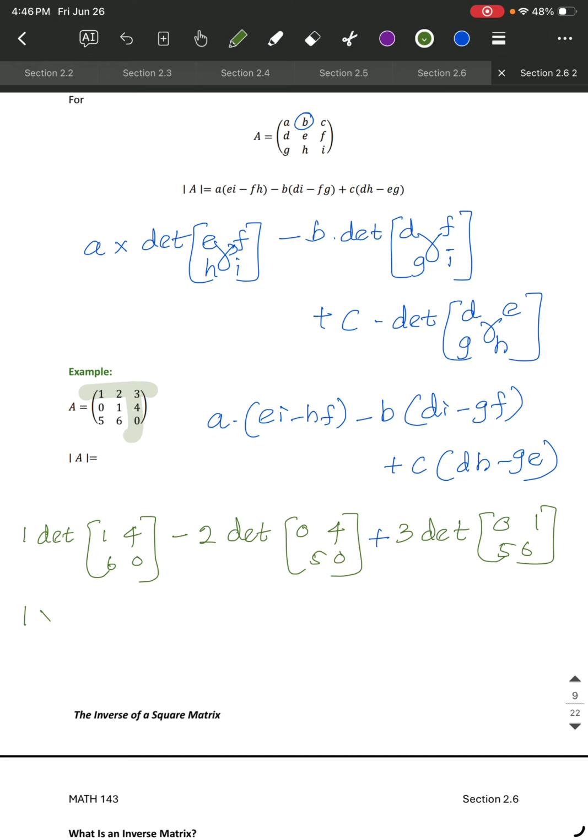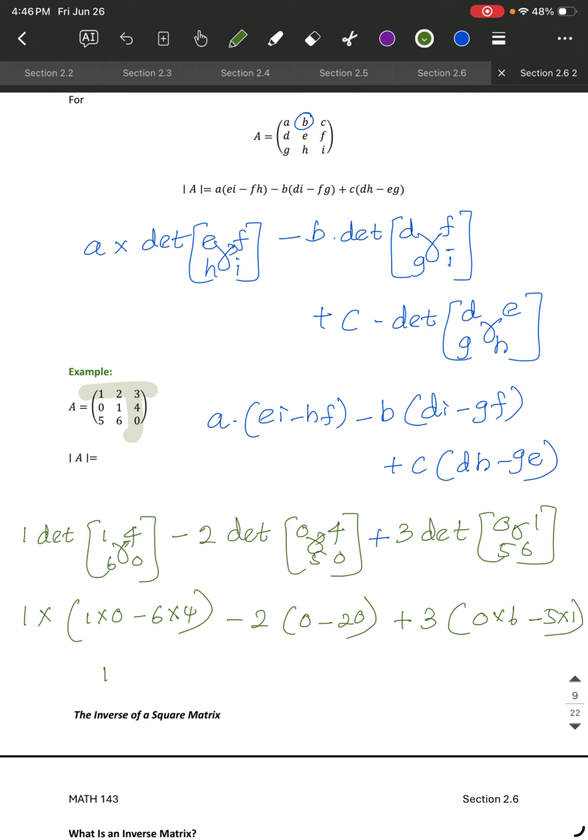Then easily compute 1 times 0 minus 6 times 4, like this, negative 2 times 0 minus 20, plus 3 times 0 times 6 minus 5 times 1.